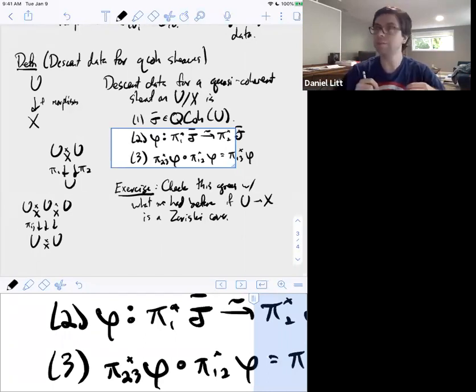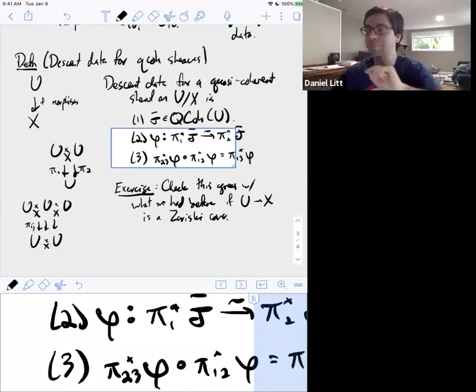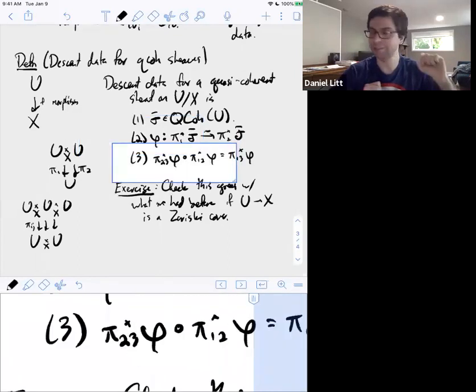I think you pull back phi, not this. Yeah, so I'm about to get there. I was explaining 2, so now let's get to 3. What 3 is saying is that if you use that isomorphism to go from subset 1 to subset 2, and then to go from subset 2 to subset 3, so that's something that makes sense on the triple intersection, that's the same as using the isomorphism that goes from subset 1 to subset 3. I see.